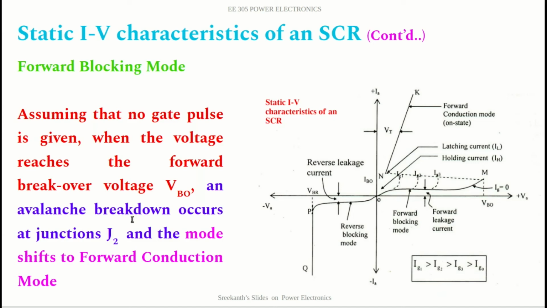So the only impedance being offered was by the junction J2, and as you increase the potential, that junction J2 keeps on experiencing larger and larger force until at VBO it breaks down and the mode shifts from forward blocking mode to forward conduction mode.